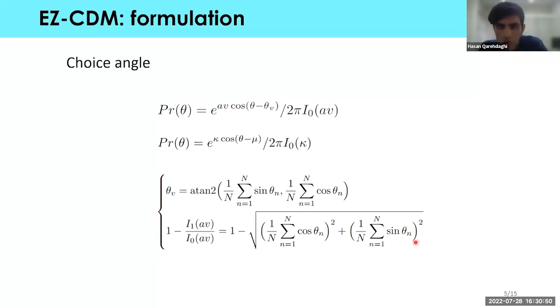So we have two popular statistics here, and we can use them to estimate the parameters. But here we have only two equations.